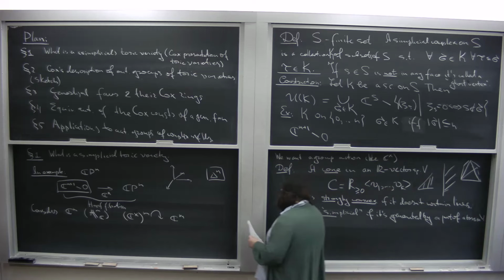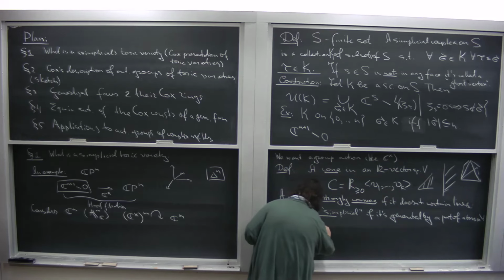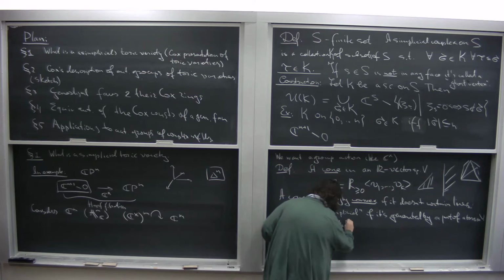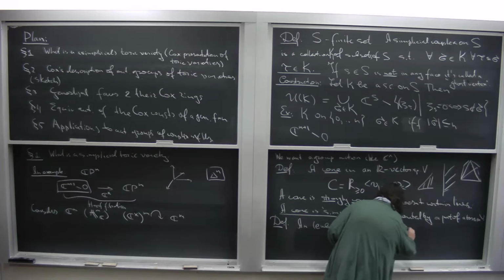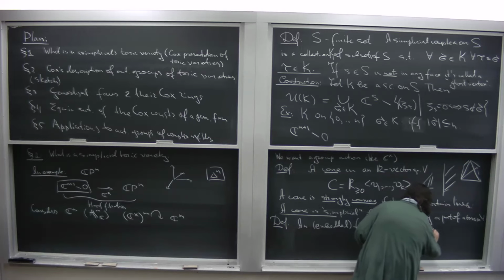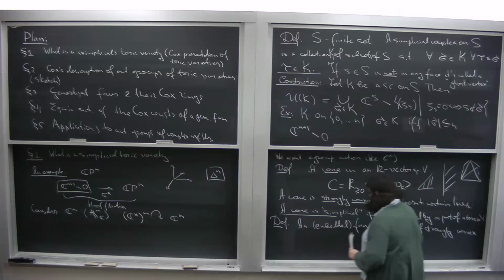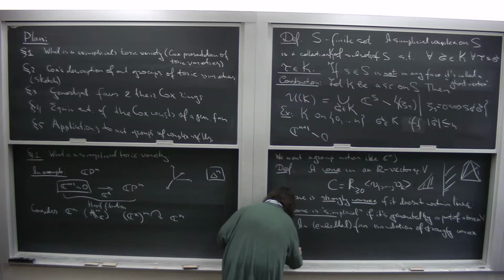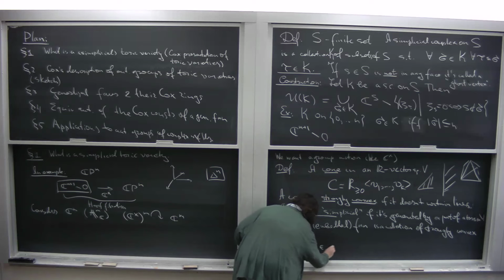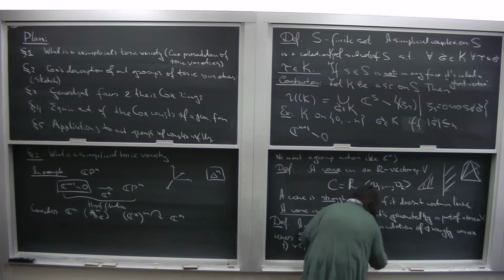So now the definition. An embedded fan, or just a fan, is a collection sigma of strongly convex cones such that, first, for any two cones in sigma, their intersection is also in sigma.